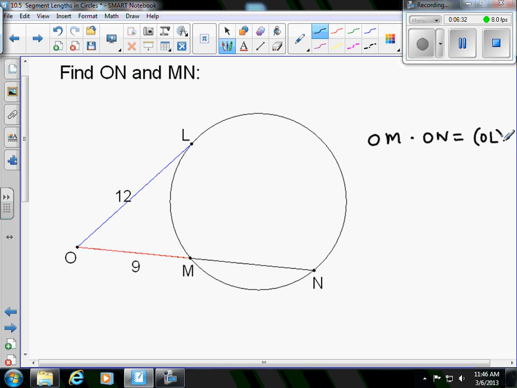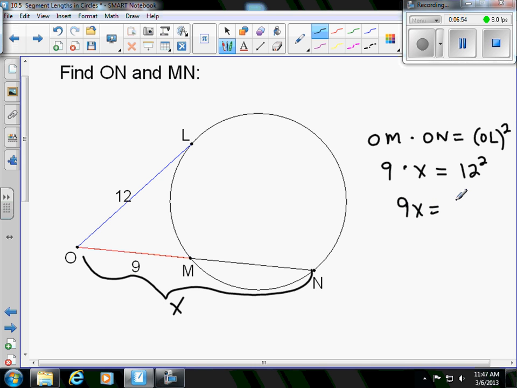We know that from the previous screen. Well, from O to M, it's 9. We don't know what it is from O to N, so let's call that X. So we have 9 times X. OL is 12. So we end up with 9x is equal to 12 squared. Well, 12 squared is 144.